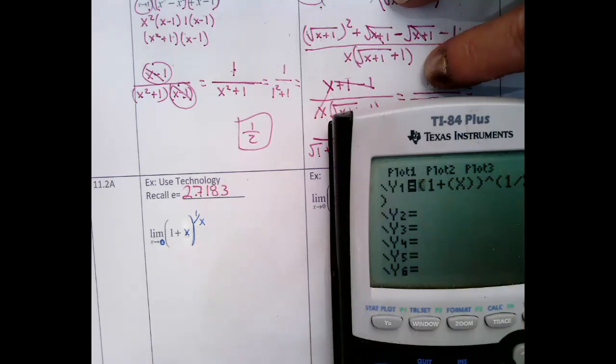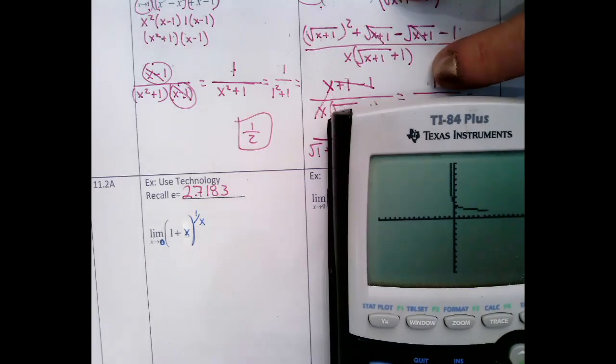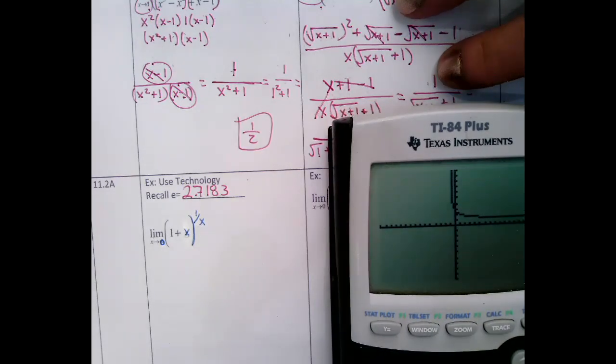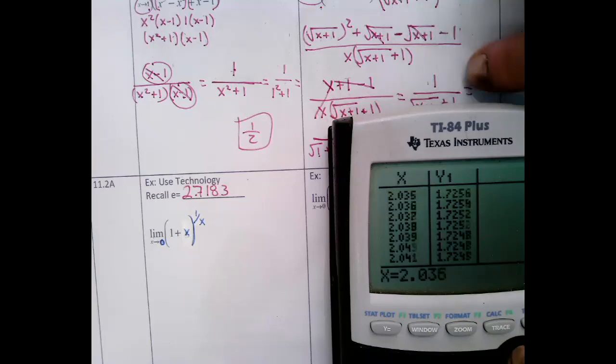Okay, so I've got it plugged in already for you guys. And then I'm going to graph it for you. Okay, but now let's take a look at the table. So as we approach 0, let me scroll. Get really close to 0.